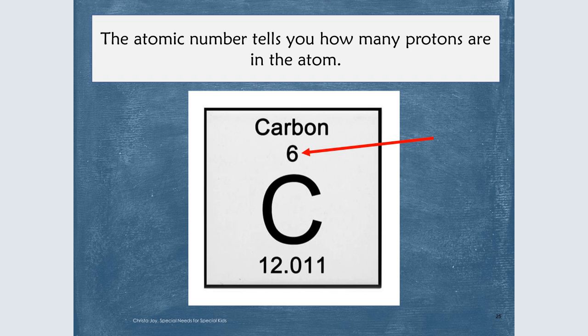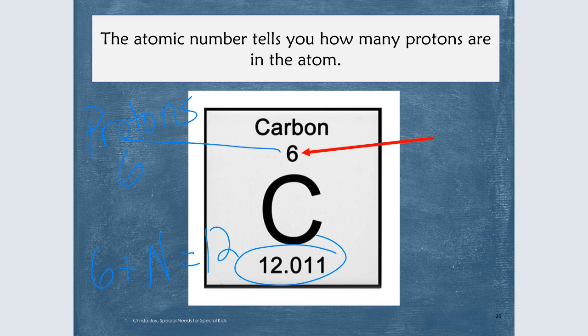So let's take a look at another element, carbon. Protons. In the nucleus, there are 6. We're going to round this to 12. This has 6 protons plus the number of neutrons equals 12.